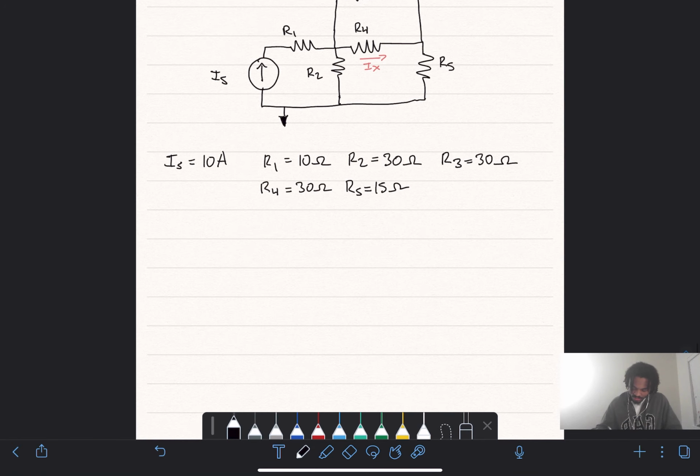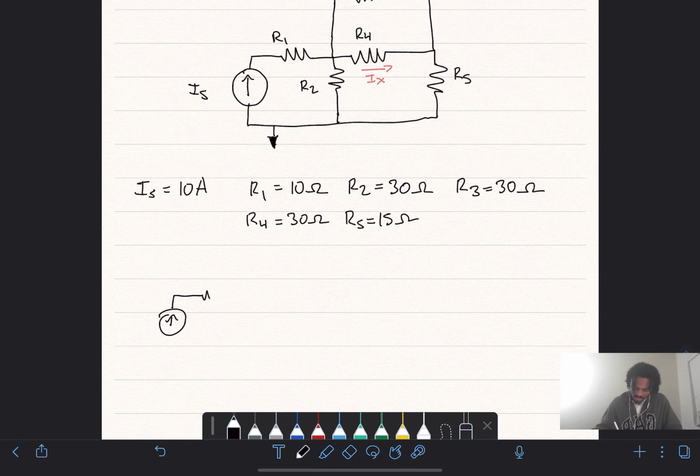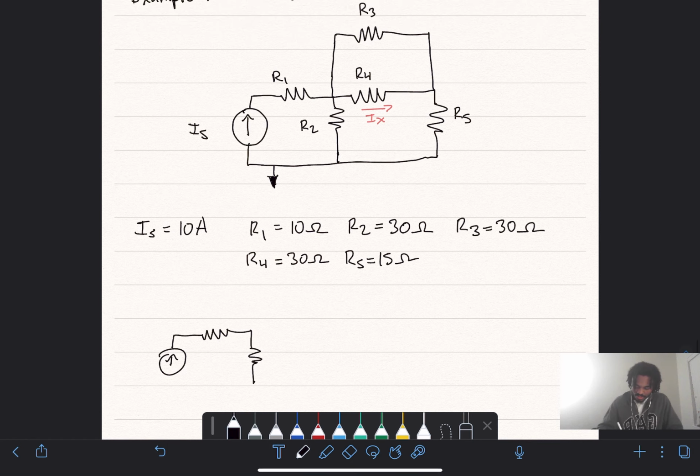So redrawing this circuit, R1 stays the same. Leave R2 for now. We're combining R4 and R3. R5 stays the same.